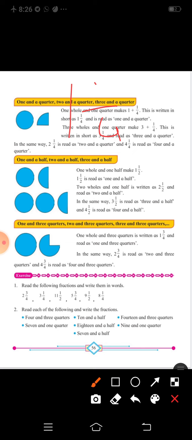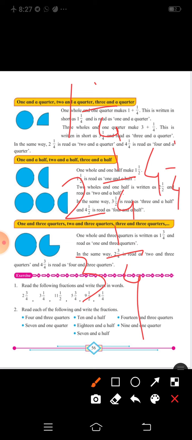So this is written in short as 3 plus 1 upon 4, written as 3 and a quarter and read as 3 and a quarter. How will we write 2 and a quarter? 2 and a quarter, 3 and a quarter, 4 and a quarter. Okay? Understood? Yes.